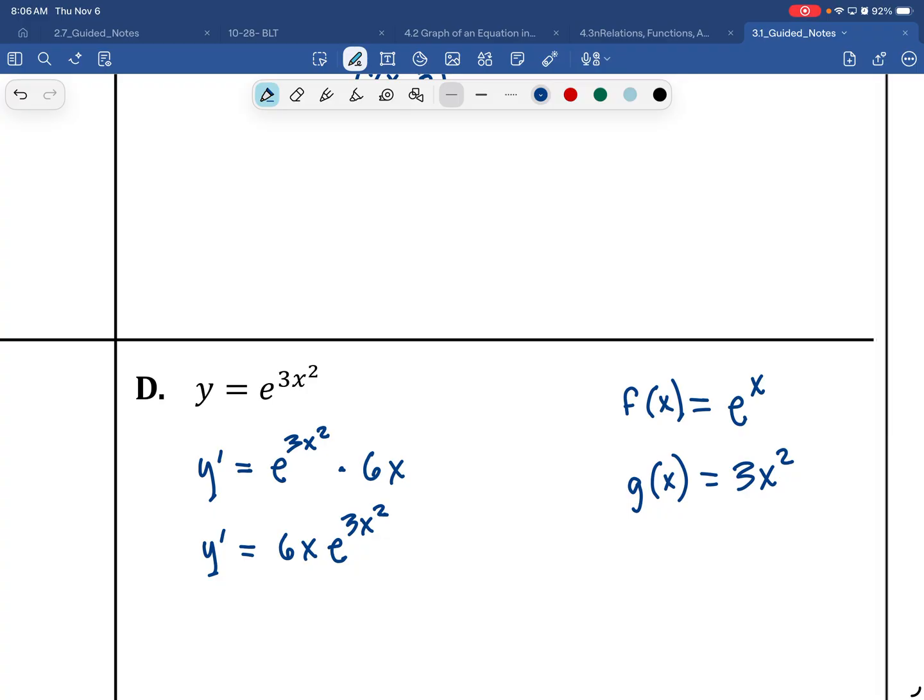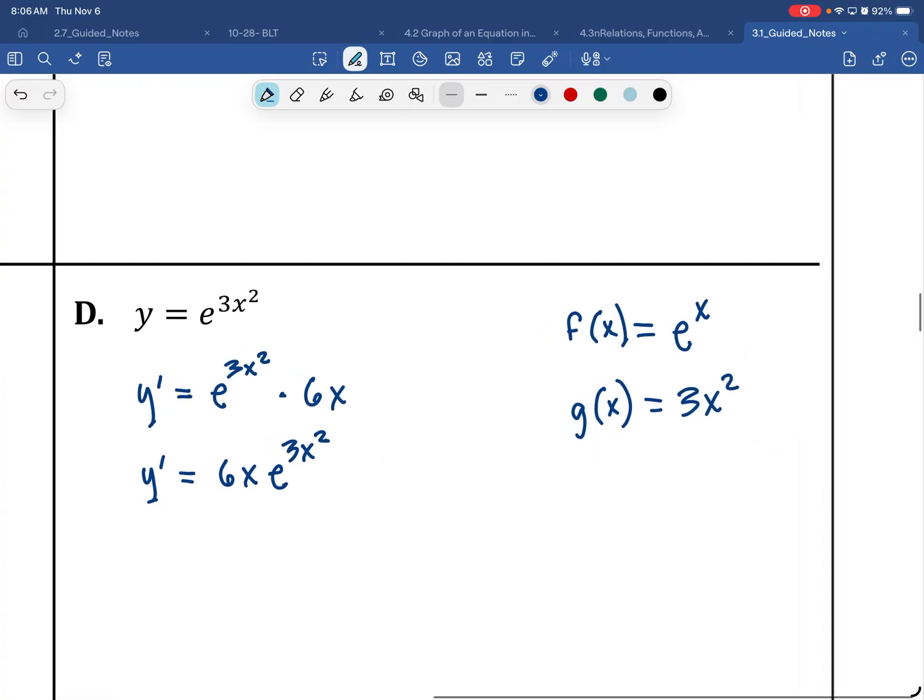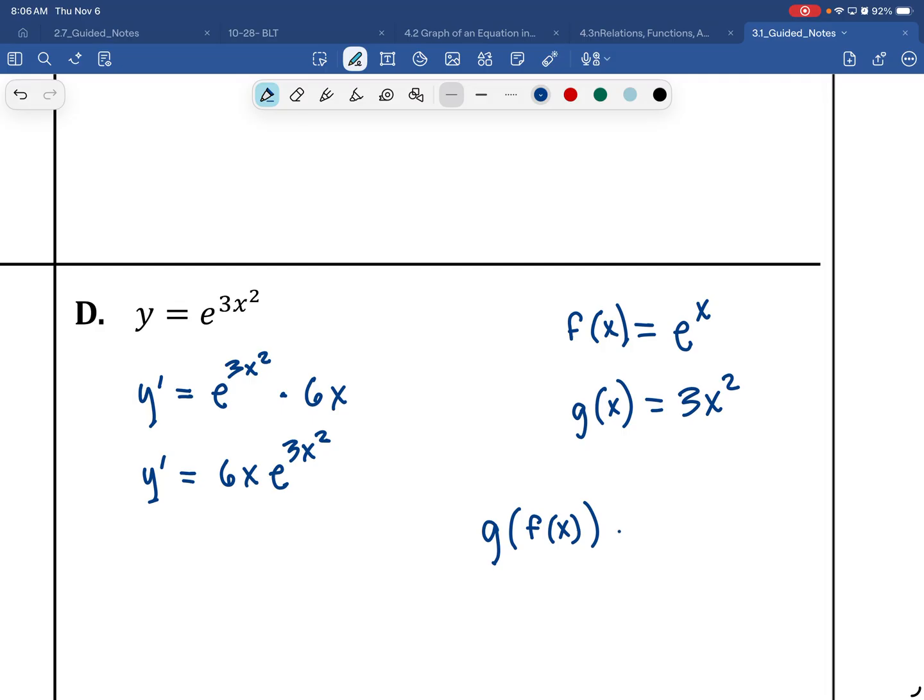I'm going to write this two different ways, so see if it helps you visualize what's going on. If I write g of f of x, I start with function g, I take out its x, and I replace that x with function f.